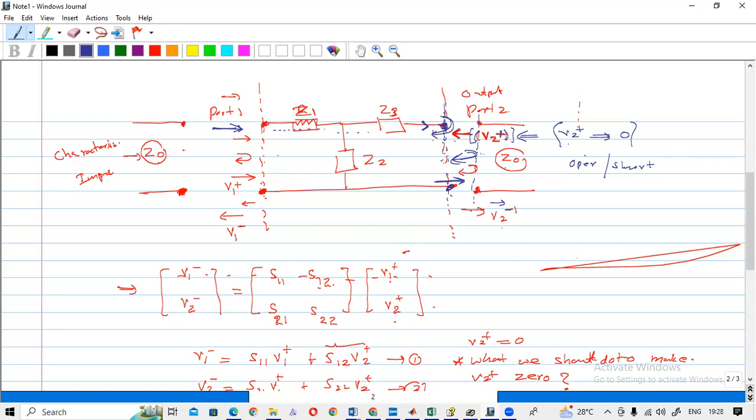Then there is no reflection. If we open circuit or short circuit the port, this V2 plus will not be zero. But if we correctly terminate this line with the correct impedance, this V2 plus will be zero.